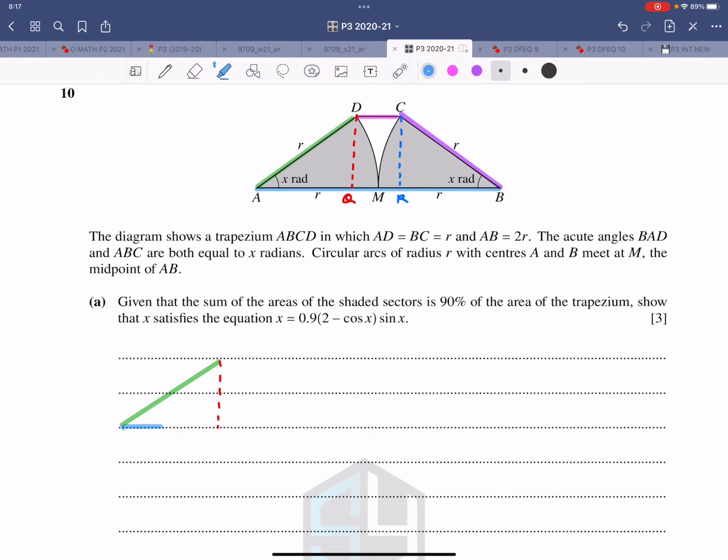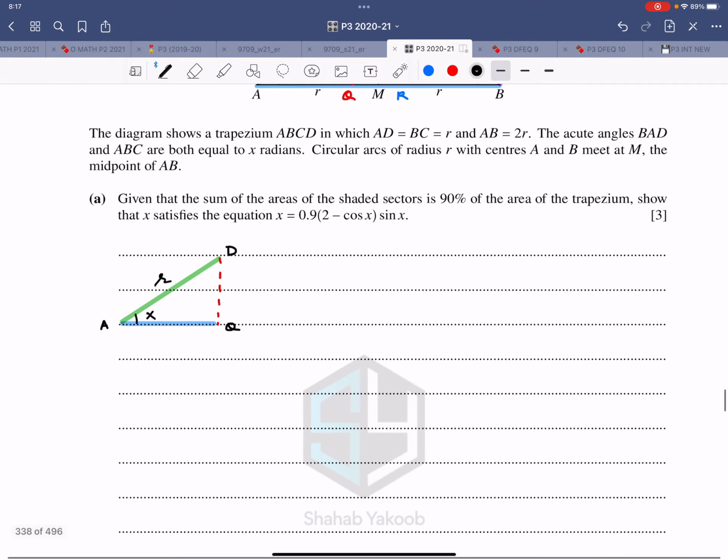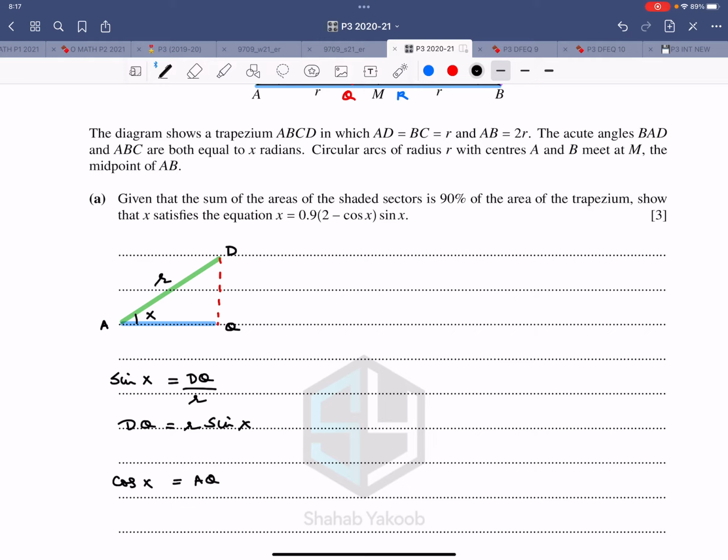So this is A, and this is D, and this is Q, and this angle is X radians, this thing is R. So therefore if I use sine of X radians, that is equals to DQ divided by R. So DQ is R sine X. That's the first thing. Similarly, cosine of X is AQ divided by R. So therefore AQ is equals to R cosine X. These are the two things.